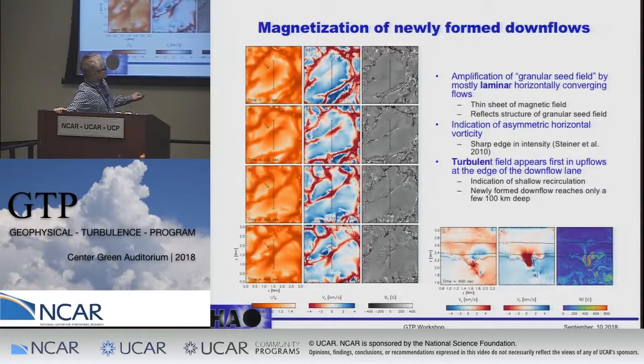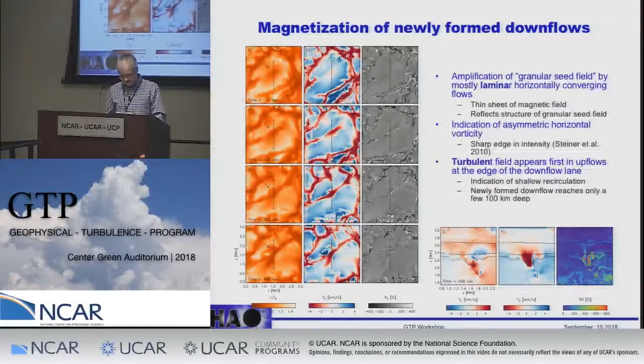This leads to some turbulent field amplification very shallow to the surface of the Sun, only 200 kilometers depth, and that is brought up within about a minute or 2. That's the way the first turbulent field shows up in the observable layers of the photosphere. Initially, this newly formed downflow lane is a pretty laminar, just converging flow.